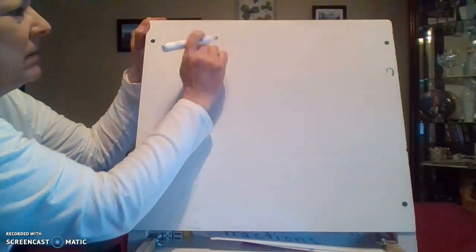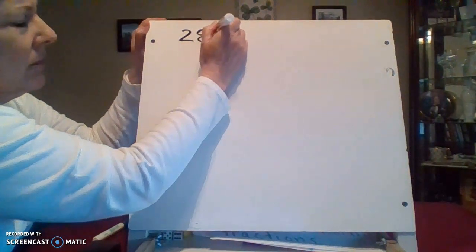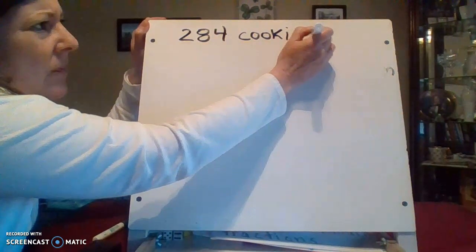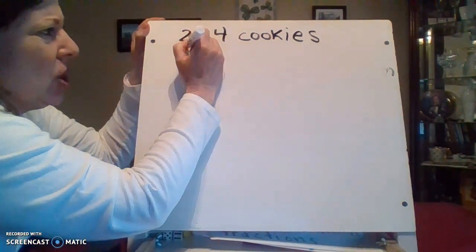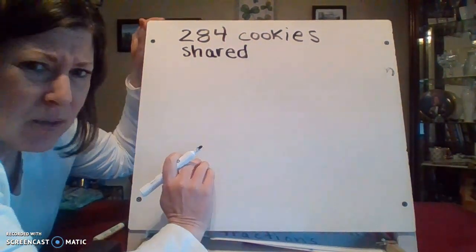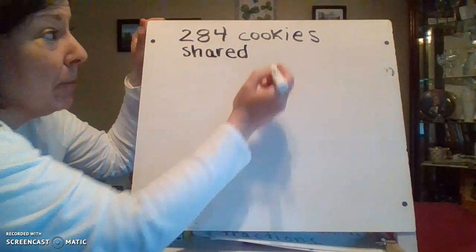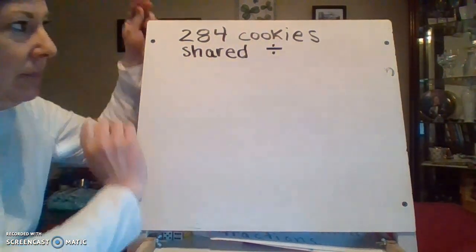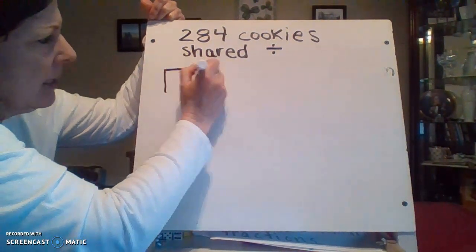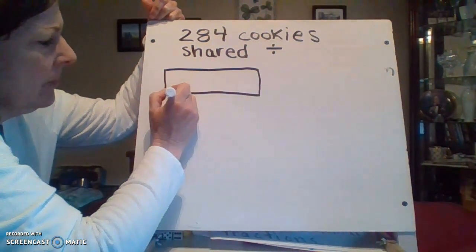All right, hopefully you paused that video. So there were 284 cookies. That's a lot of cookies. And they're being shared. Well, guess what? I know if I'm sharing it, I'm dividing it up. So the first thing I'm going to do is draw a tape diagram.